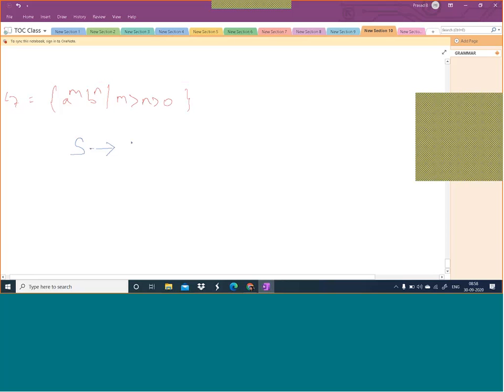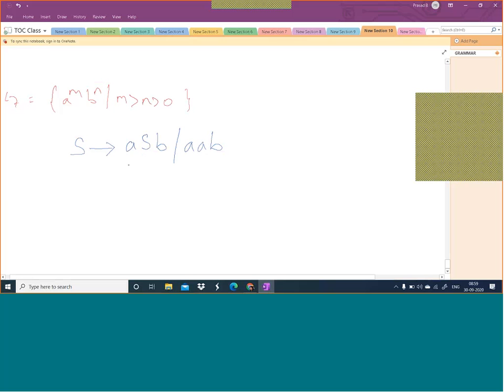S derives ASB. This gives A's and B's equal. Now when it is replaced by this one, exactly one A more than the B's.